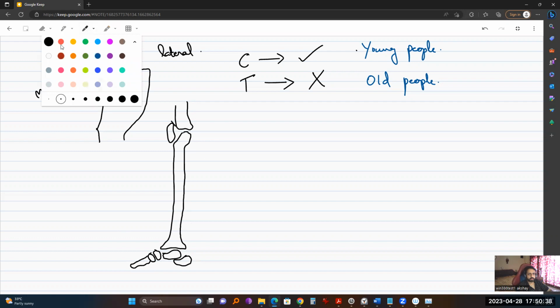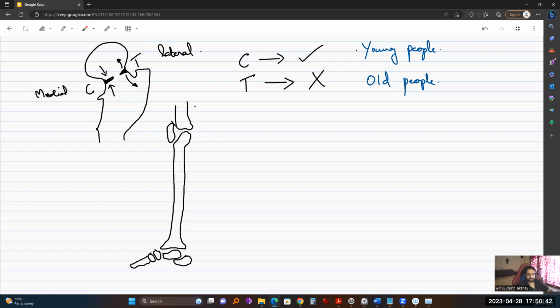Here, usually the axial load, whether it's the weight bearing load or the load that occurs during a fracture, the largest amount of the load goes through the posterior and medial aspect of the tibia.